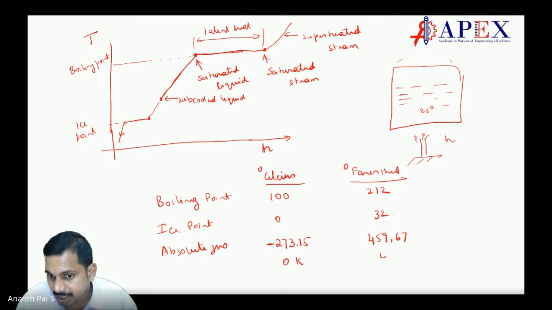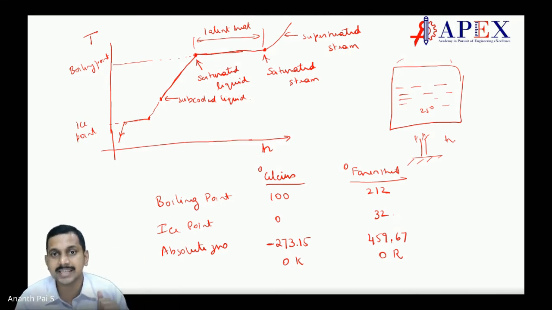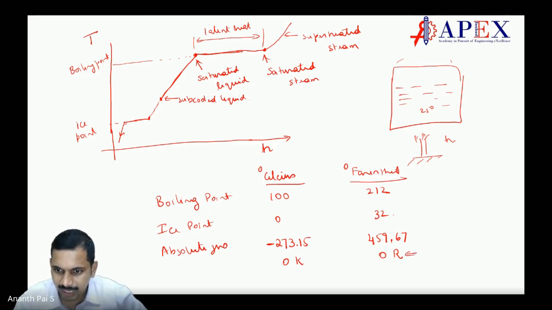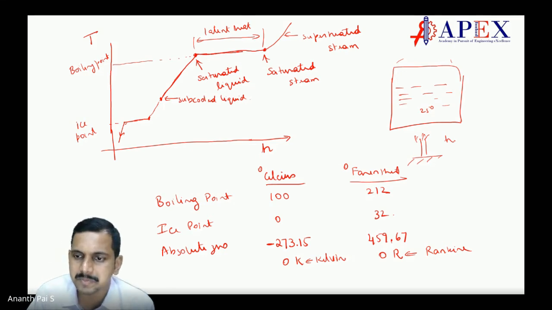And here we say 0 Rankine. Rankine is a scale, keep in mind. When you say absolute scale in Fahrenheit, it is the Rankine scale. So R is Rankine, and K is Kelvin. Write this down, students. Very important. Sometimes we miss this.